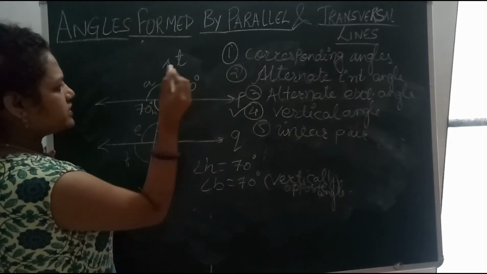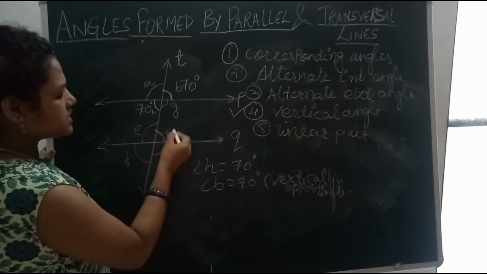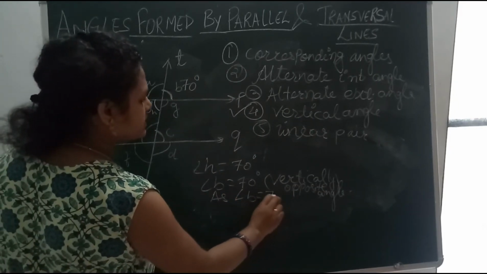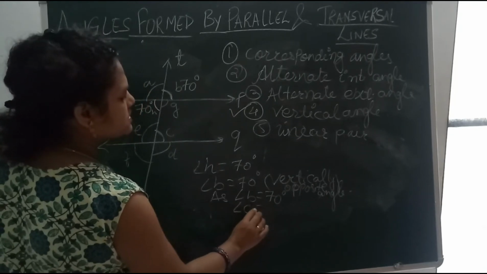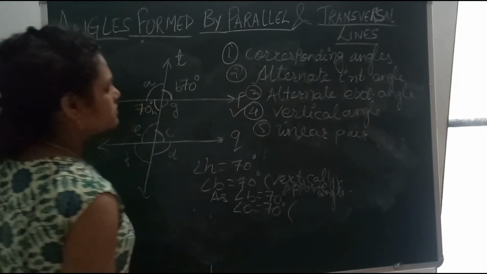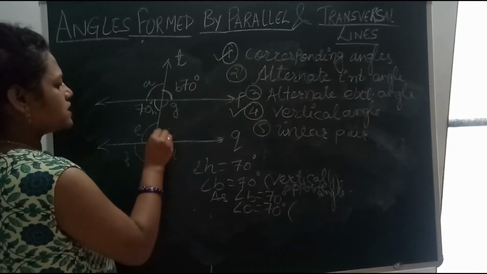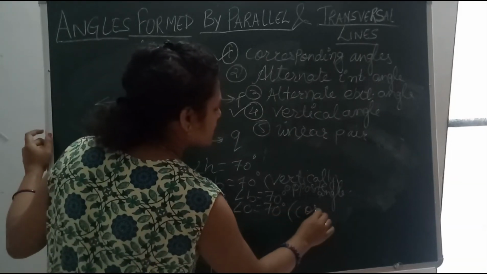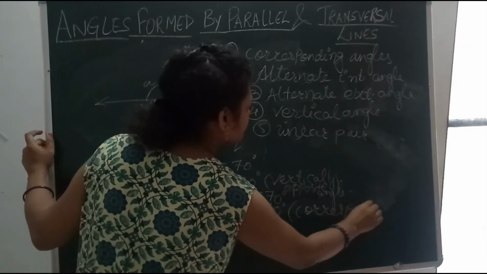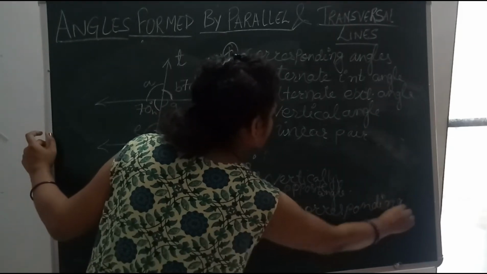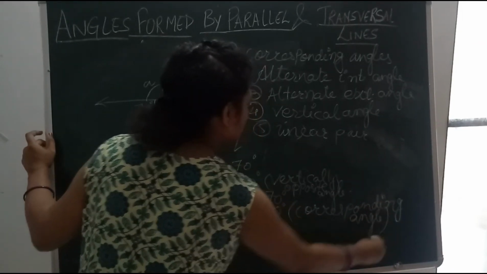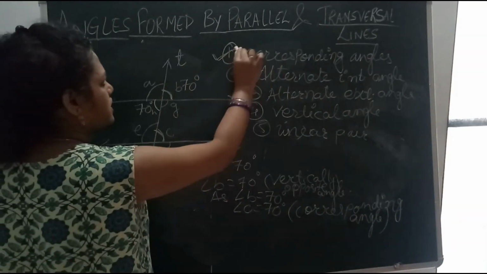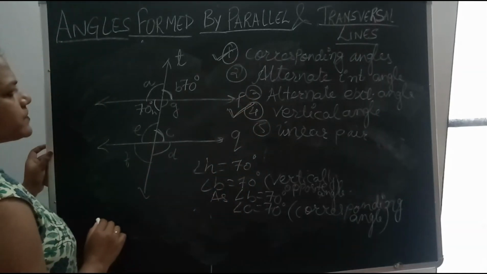As B is 70 degrees, C can again be 70. How? By corresponding angle, same relative position. These two you got, corresponding angle and vertical angle.